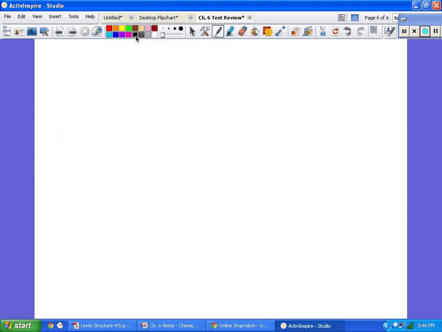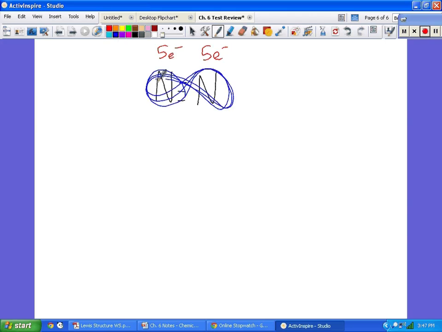So if I have nitrogen, this one has 5 valence electrons. That one has 5 valence electrons, right? They're the same atom, so is either one any more electronegative than the other? No. So when we have this sharing of electrons, it's going to be equal. However, 100% of the time, will it always be 5 and 5?